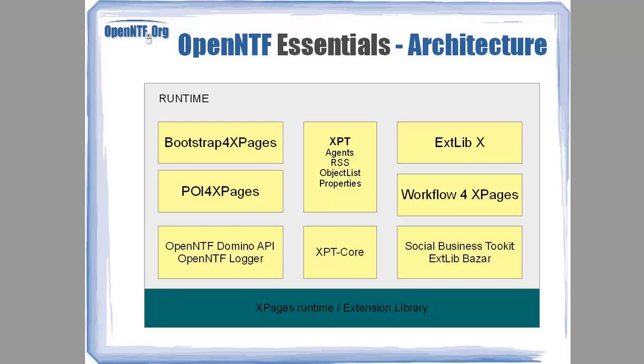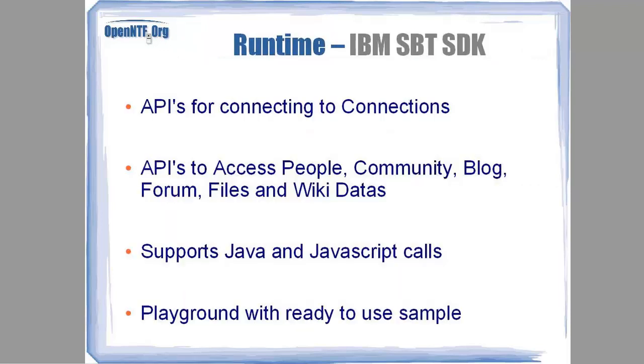It's like the Social Business Toolkit, the Workflow for XPages, the OpenNTF Domino API and the OpenNTF Logger, POI for XPages, Bootstrap for XPages, and the XPages Toolkit. All projects that we at the board love, and most of them we own. And we have put them together. I want to show you briefly what these projects deliver.